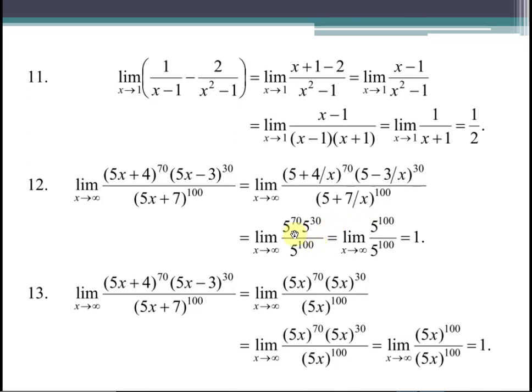We have just 5 to the power of 70, 5 to the power of 30, and 5 to the power of 100. We can add the powers because we have the same base. So it means we have 5 to the power of 100 over 5 to the power of 100. So it equals 1.